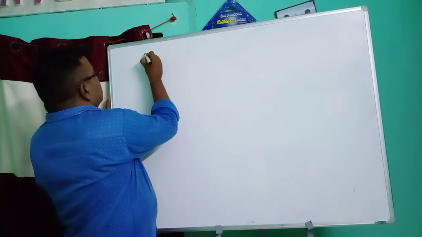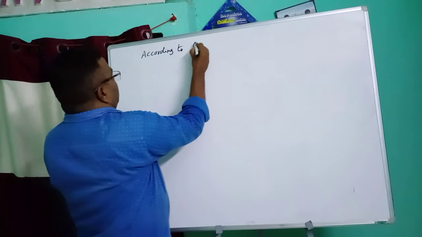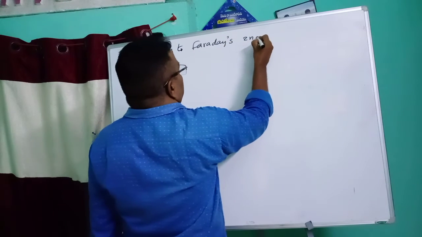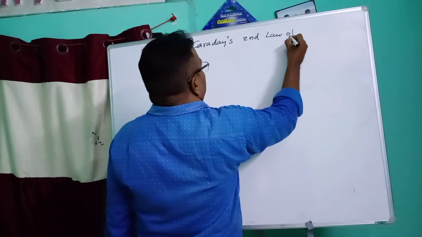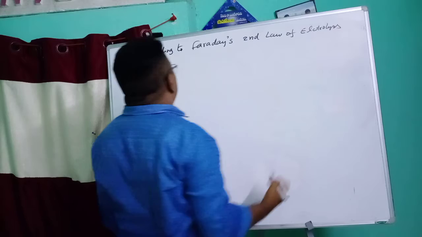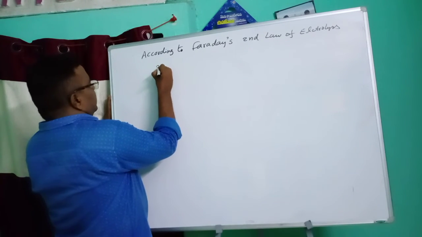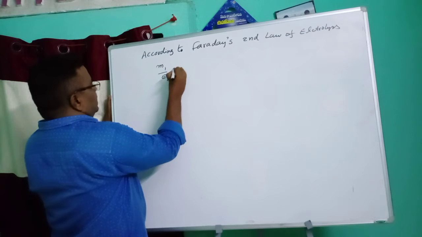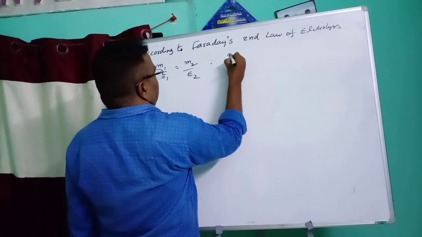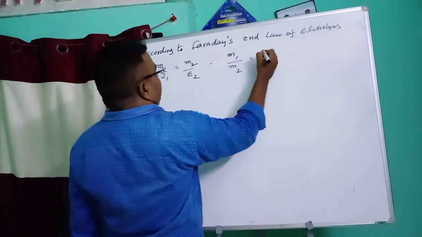So, according to Faraday's second law of electrolysis, there are two cells, so we write M1 by E1 is equal to M2 by E2, or M1 by M2 is equal to E1 by E2.